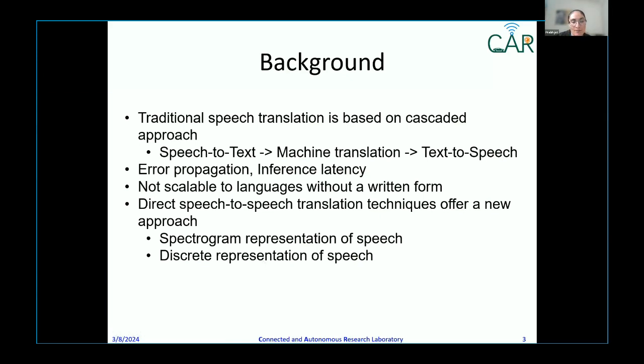Here, they still used spectrograms for the input speech, but the output in the target language was not a spectrogram, but some other representation of speech called discrete units, which I'll be discussing in the next slide.